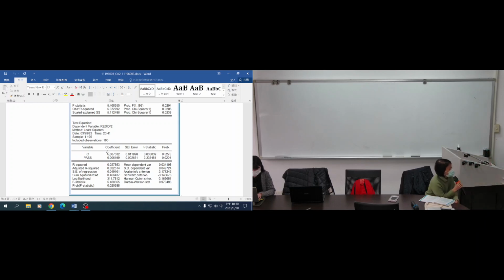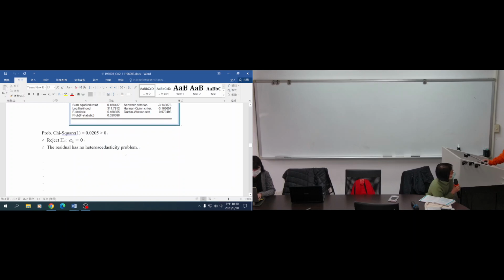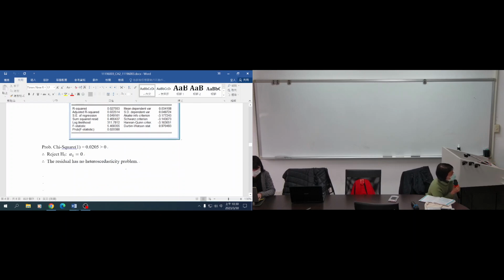What does that mean? If we set the significance level at 5%, then there is a heteroscedasticity problem. But if we set it to 0, then... what do you mean by set it to 0?